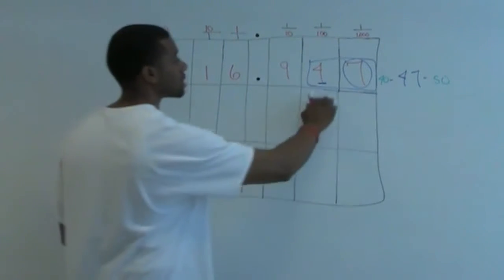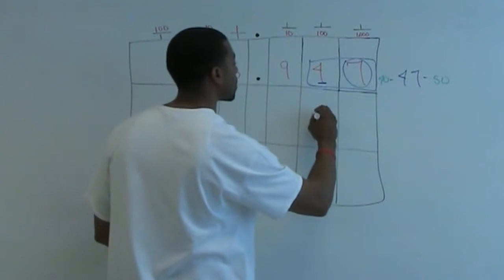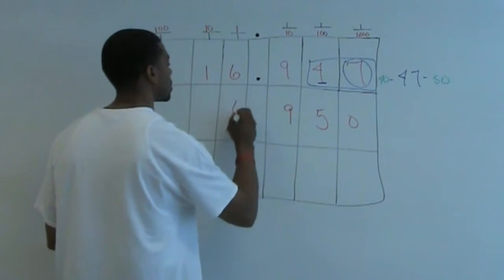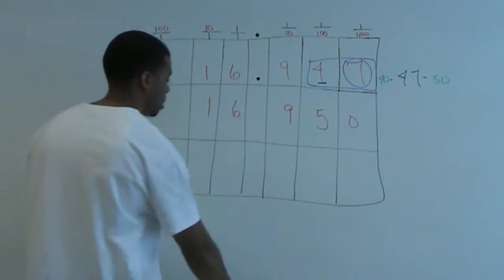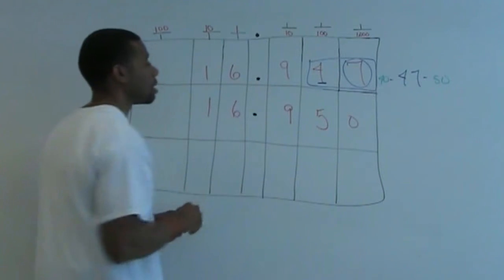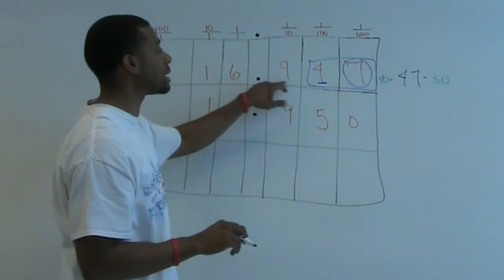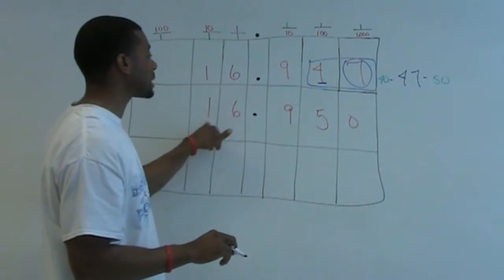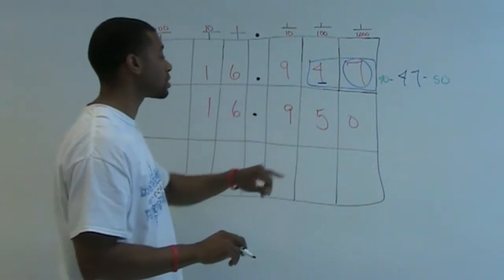I'm going to rewrite this now since I'm rounding. 47 now becomes 50. I bring down the other digits. Don't want to forget my decimal. If I were rounding 16 and 947 thousandths to the nearest hundredth, it would be 16 and 95 hundredths.